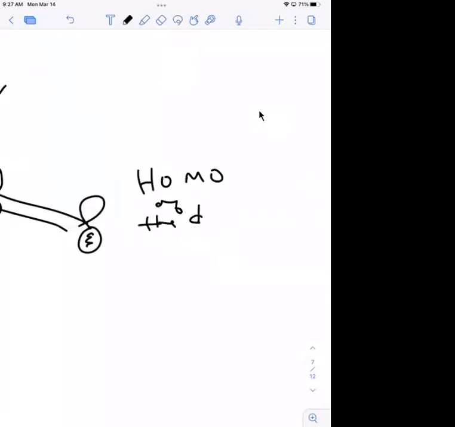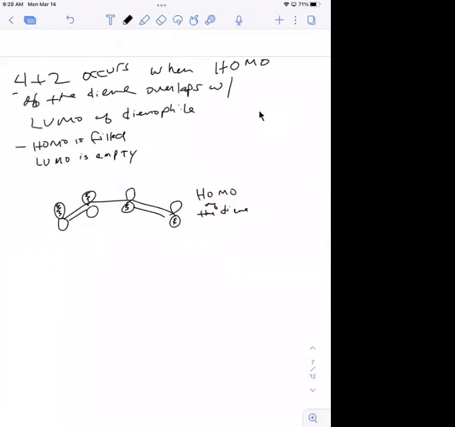I have a question. Go ahead. For the HOMO of the diene, does it matter where we draw the pi bonds? I'm not sure I understand that. Like on the alkenes, does it matter where we draw that second line?